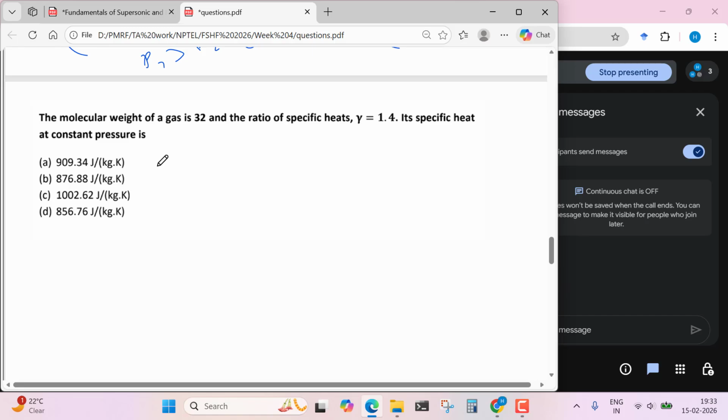Now one question. The molecular weight of a gas is 32 and the ratio of specific heats gamma is 1.4. Its specific heat at constant pressure is? How to find this?